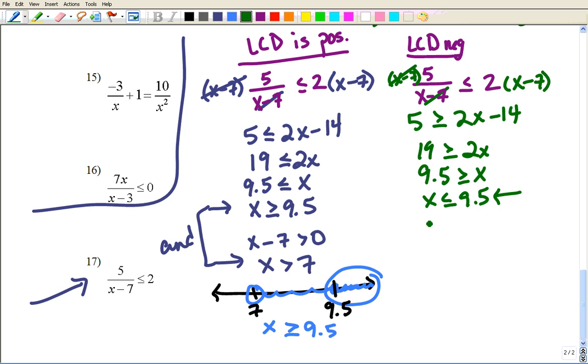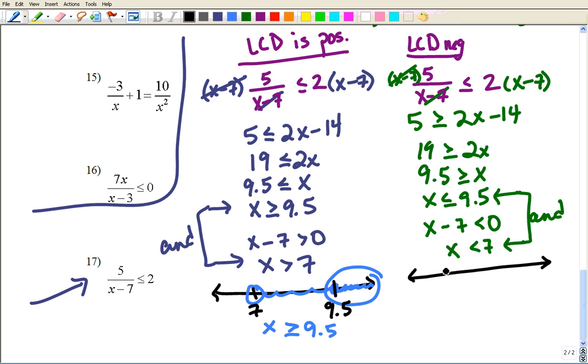So there's part 1, but we also need to check whenever the x minus 7 is negative. When it's less than 0, we get x is less than 7. This is an and. So we need to summarize this by looking at our number line. Again, we've got a 7 and the 9.5.